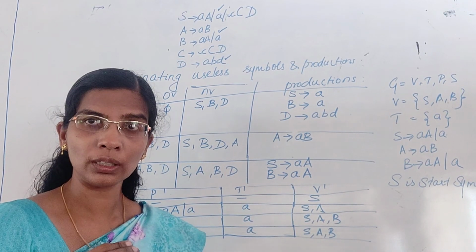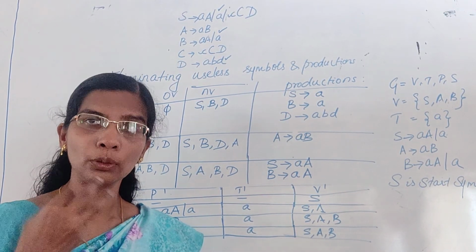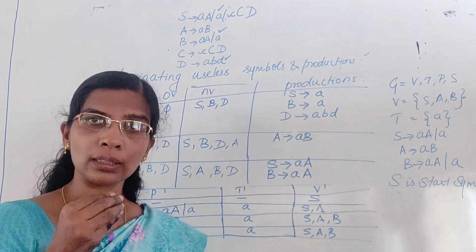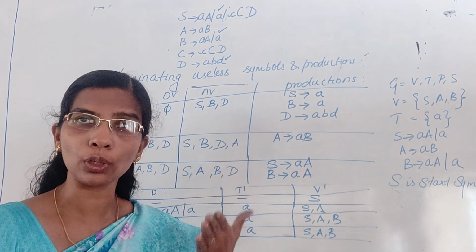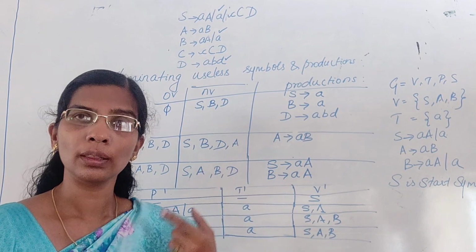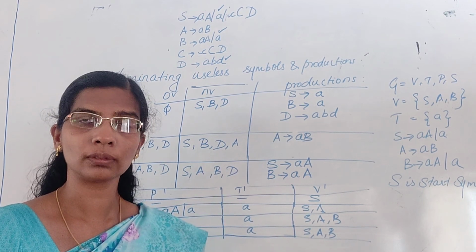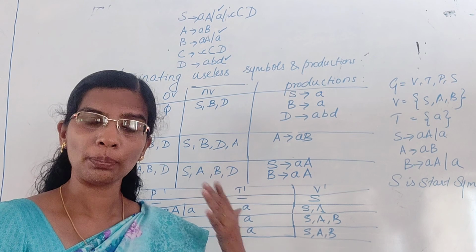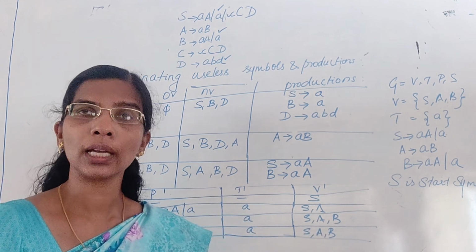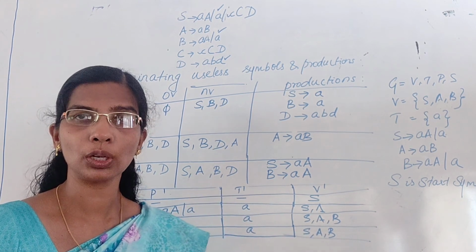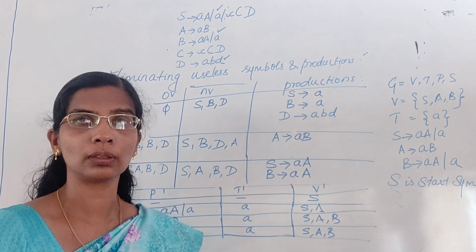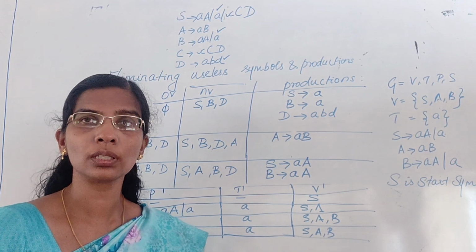So, if epsilon and unit production are there in your grammar, you have to follow this order. First eliminate epsilon, then unit, and then useless. Right? If epsilon and unit are not there, directly you can come to the elimination of useless symbols and productions. Hope you understood this. Thank you.